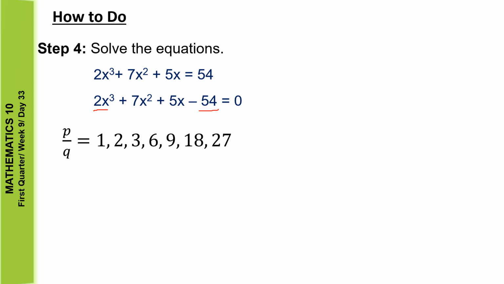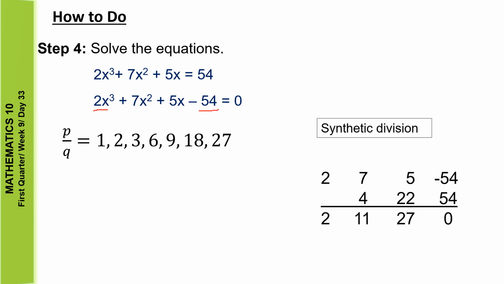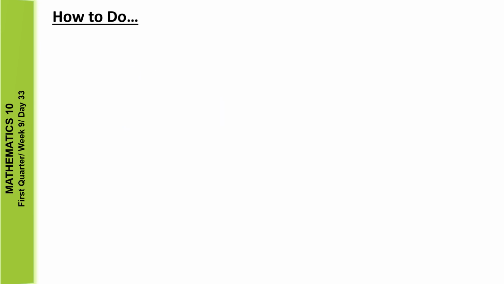To solve the polynomial equation, let us try using synthetic division. In our trial, we will find that 2 is a solution. Since there is only one variation of sign in the equation 2x cubed plus 7x squared plus 5x minus 54 equals 0, there is only one positive solution.